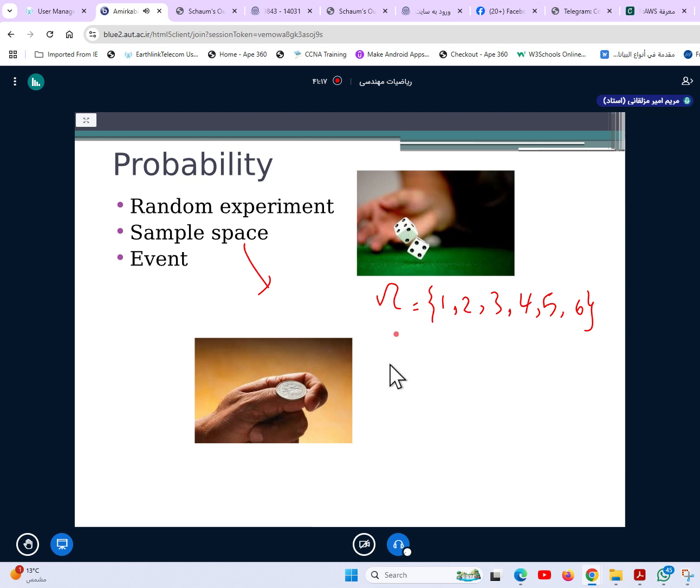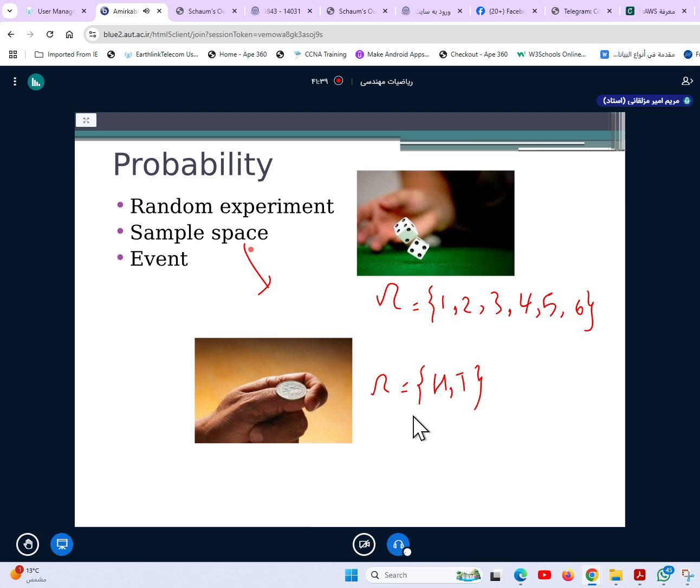Yes, the sample space is this set. The set of all possible outcomes of that experiment is our sample space. Or in tossing a coin, our sample space is heads and tails.